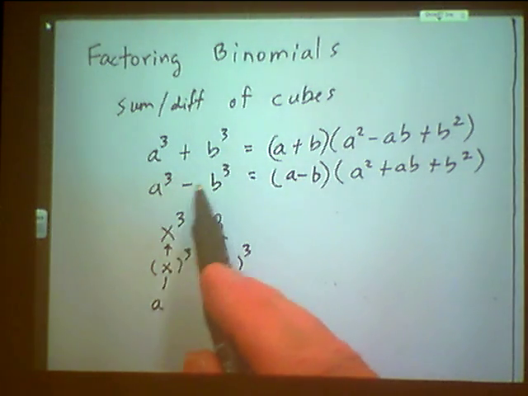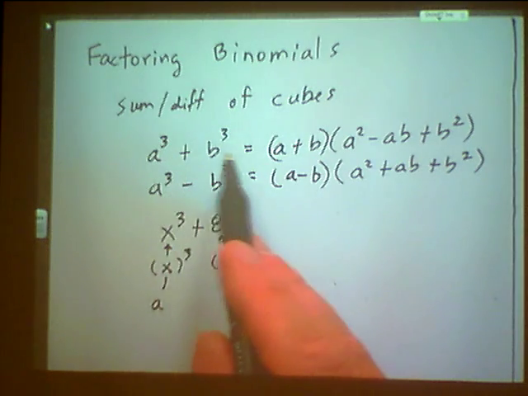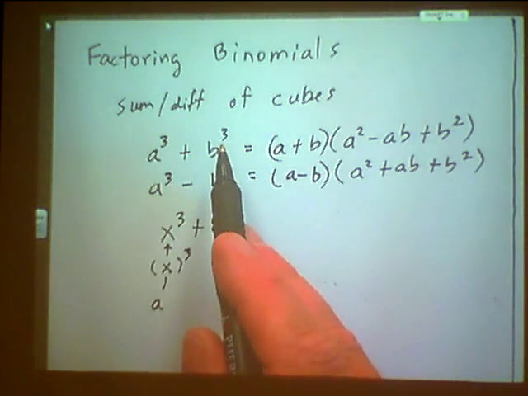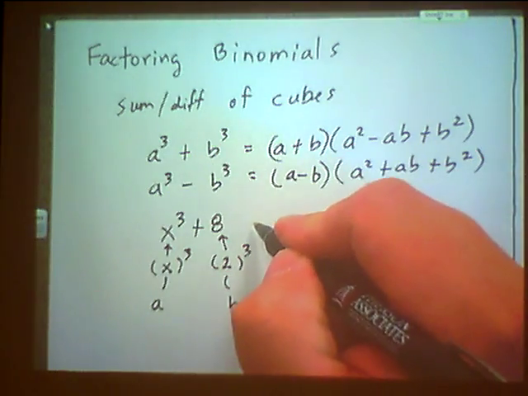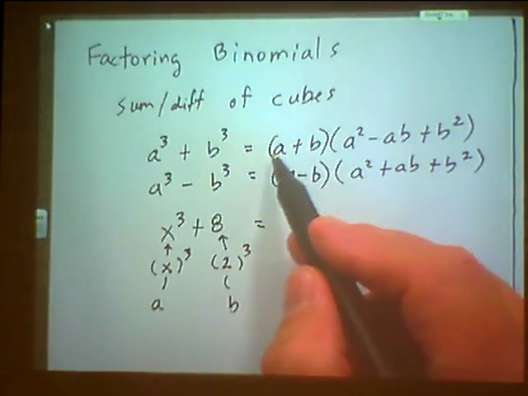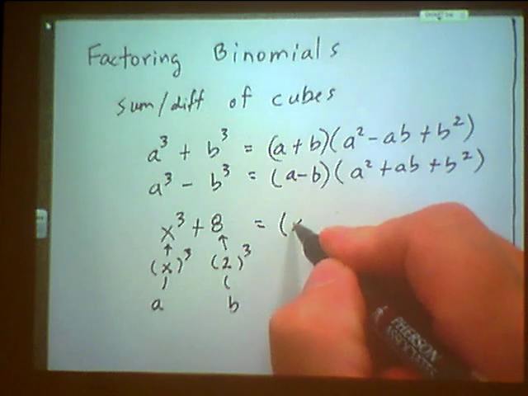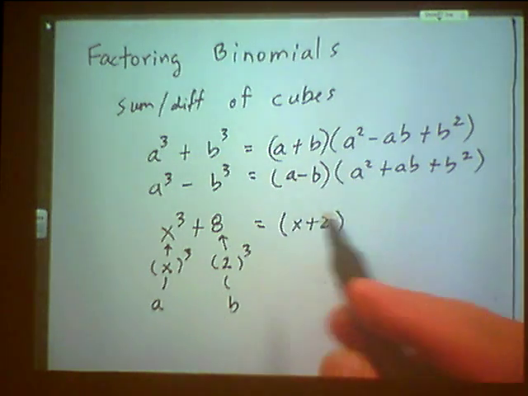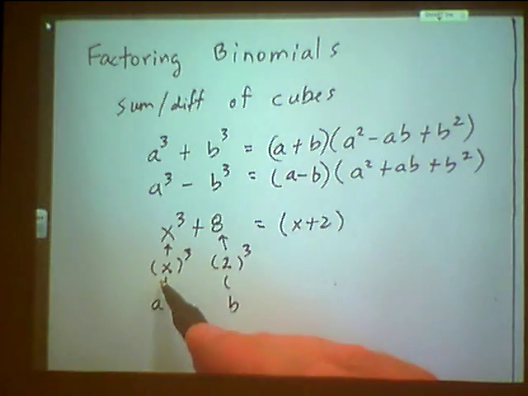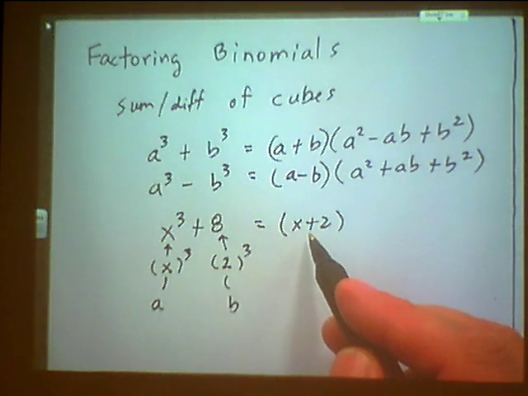So now I can go up here and use my formula for a cubed plus b cubed. So this says a plus b, which is going to be x plus 2, because x is like my a and 2 is like my b.